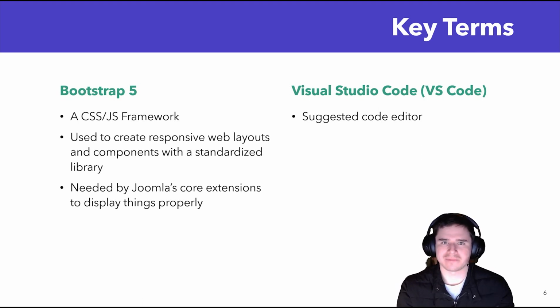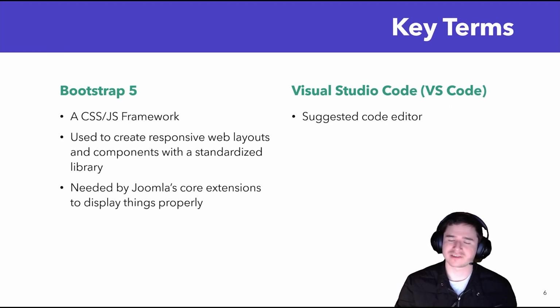Bootstrap 5, as I mentioned already, is the CSS and JS framework. We use it to create responsive layouts with standardized components from this kind of standard library. So it allows different Joomla extension developers and the Joomla team to create components and modules that work on any Joomla website using the same framework.